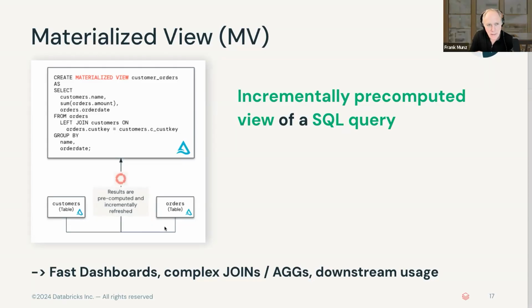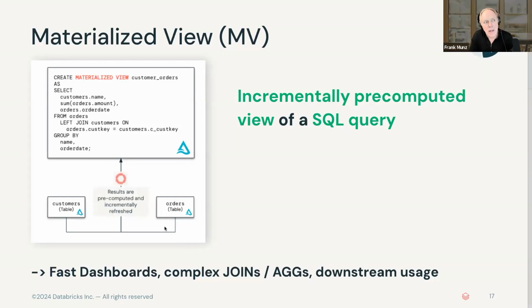Think about a huge join working with 100 million records, and then the data changes. Then only the changed data is incrementally recomputed. So if there are 17 new records, only these 17 are recomputed, but not the 100 million that you had before. So this incrementalization is a big thing.